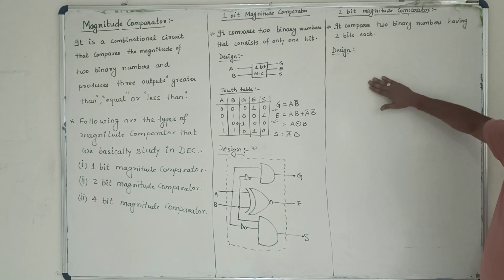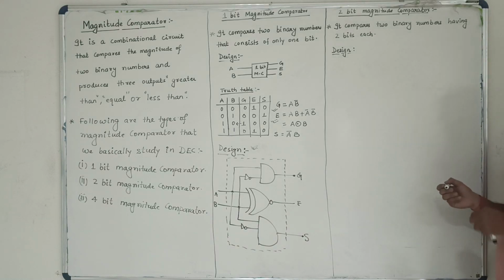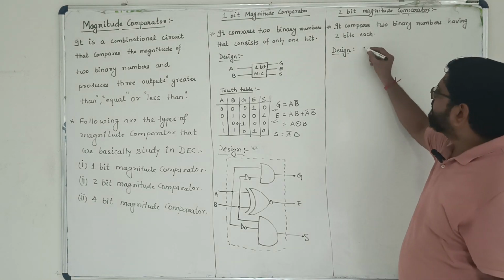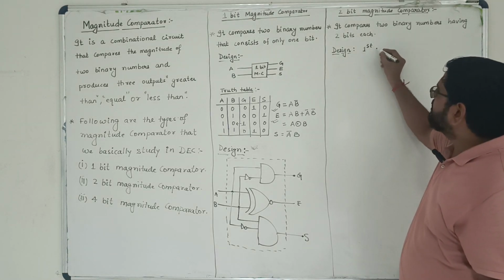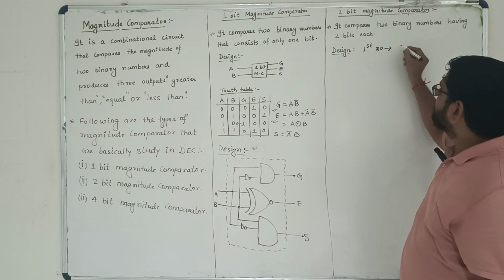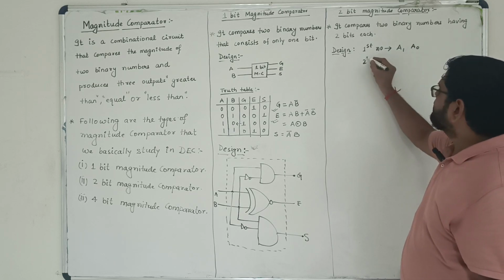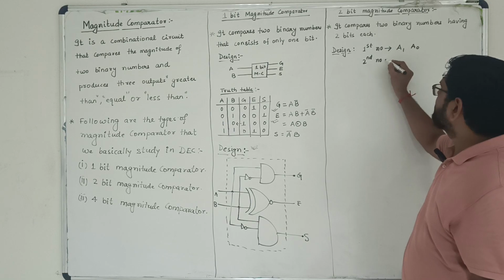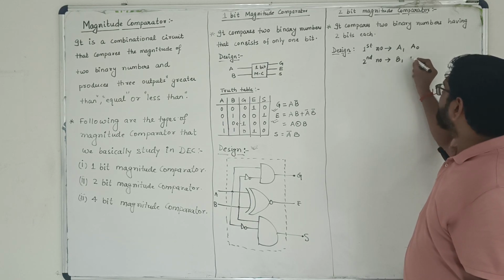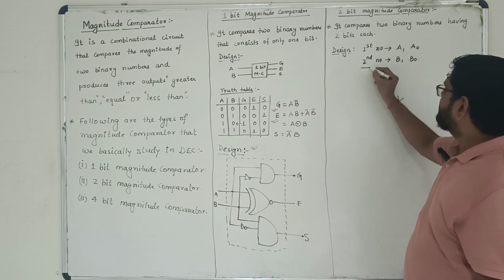Now let us see how I am doing it. For the design, I have taken the first number as A1, A0 and the second number as B1, B0. Now we'll have the comparison.